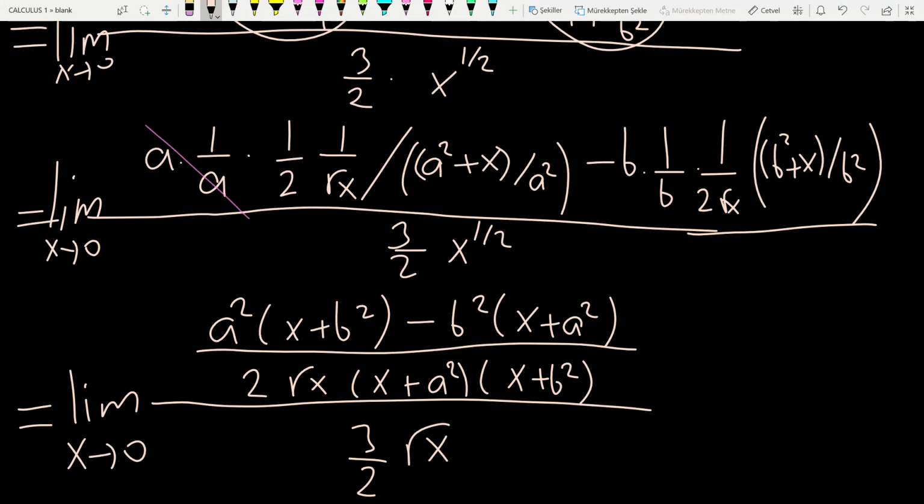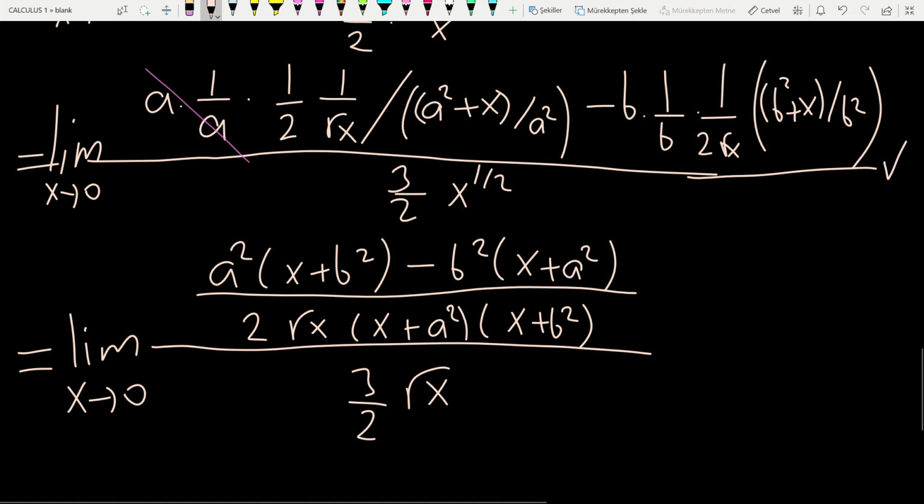I didn't apply L'Hopital's rule again. I only rearranged this expression.